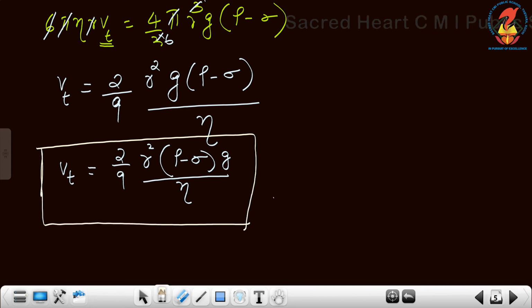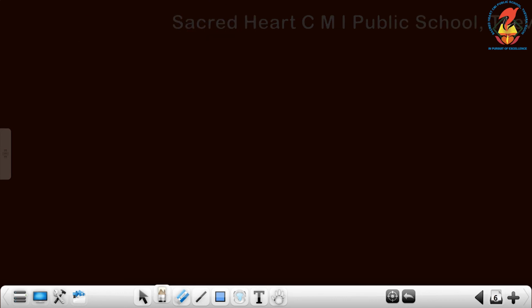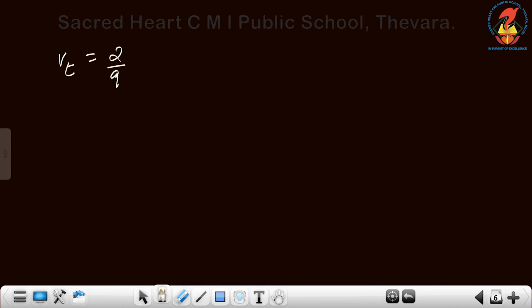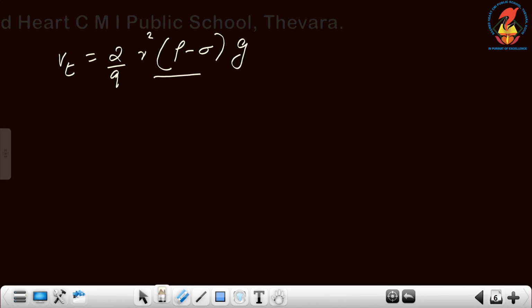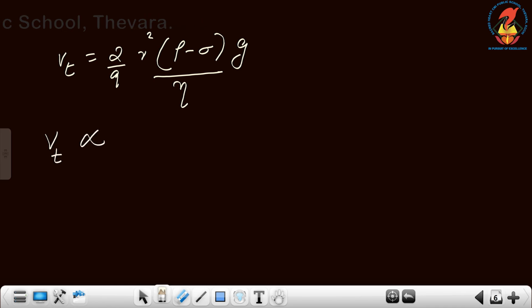Now, if you look into this equation, it is clear that terminal velocity Vt is proportional to the square of the radius of the body.